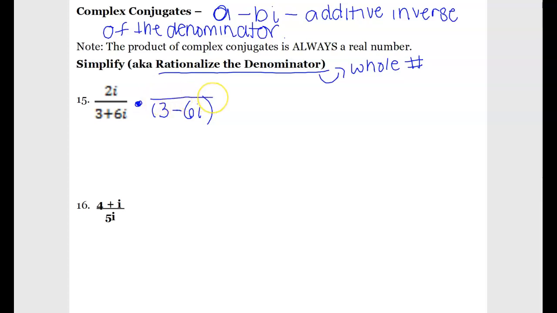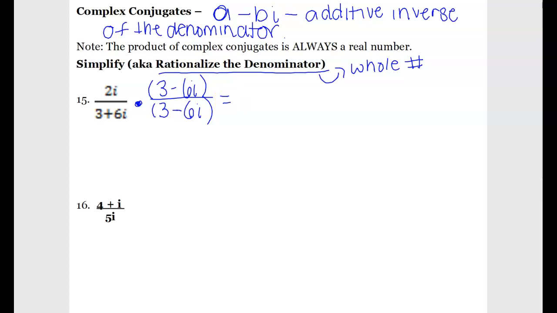If I multiply the bottom by 3 minus 6i, algebraically I have to also multiply the top, because that's like multiplying by 1. So if I multiply the bottom, I must also multiply the top. Then I'm going to distribute and FOIL.